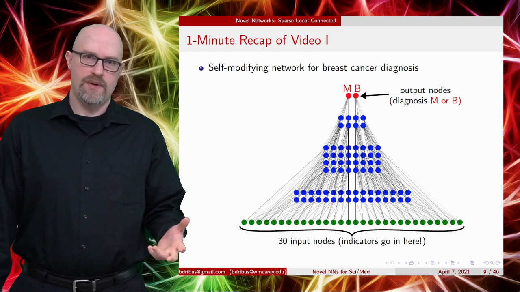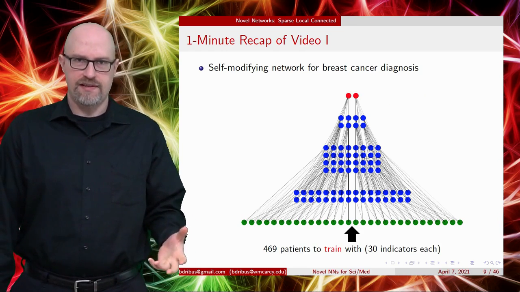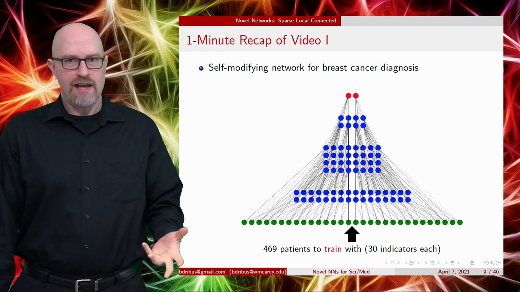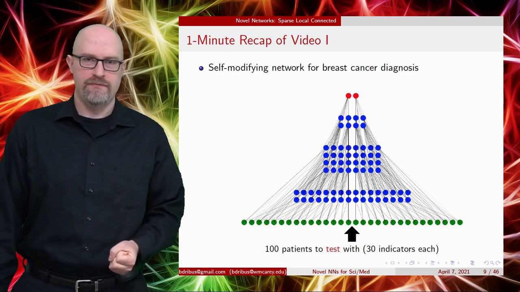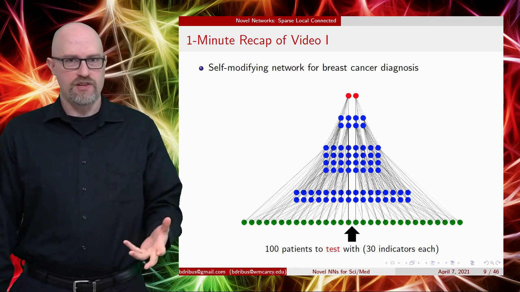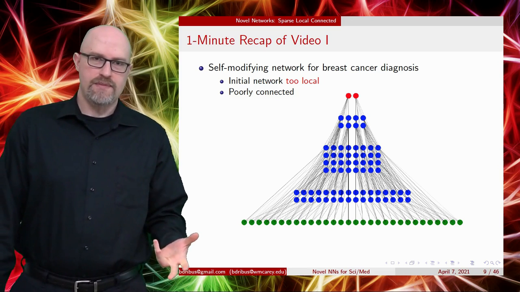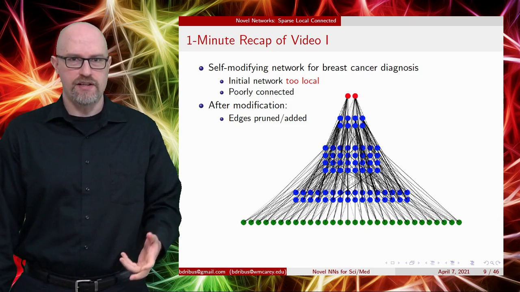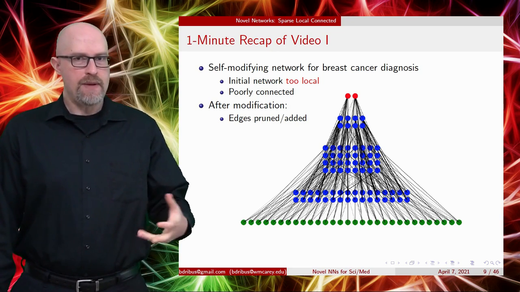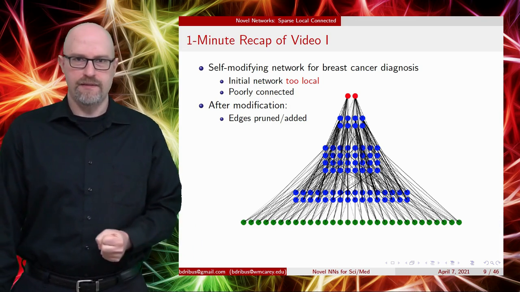of malignant or benign. I chose to train the network with 469 patients, then test its diagnostic accuracy with the remaining 100 patients. Initially, the network structure was too local and poorly connected. Using its freedom to self-modify, the network pruned and added edges during its training process, keeping the total number of edges constant for apples-to-apples comparisons.